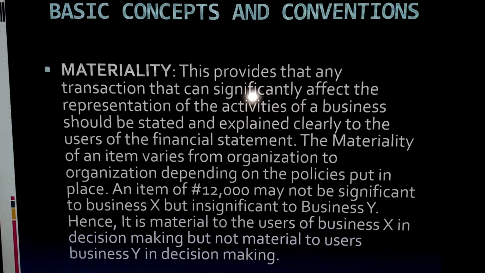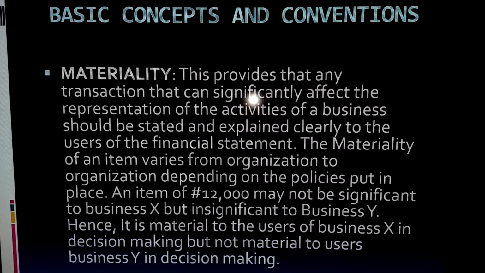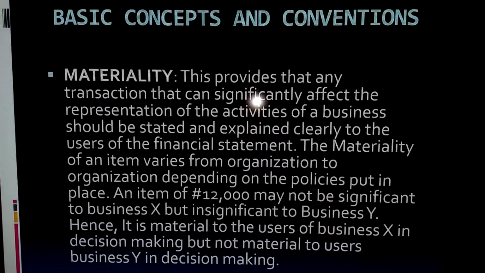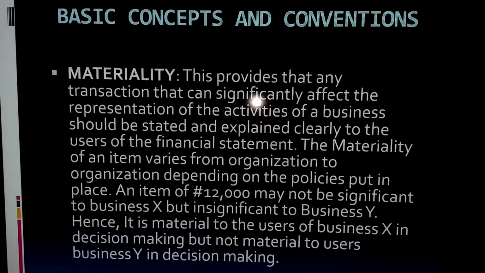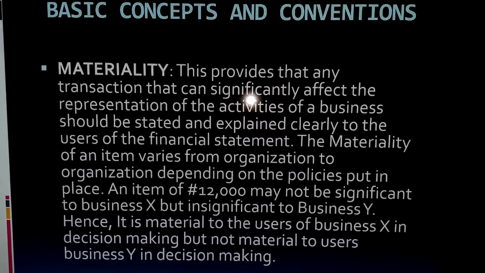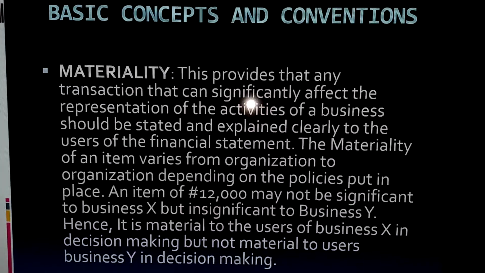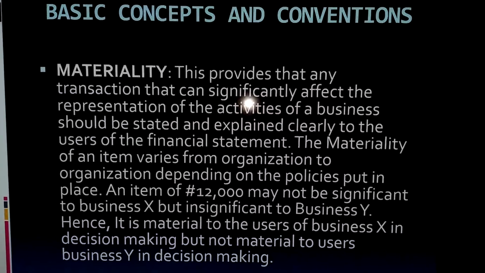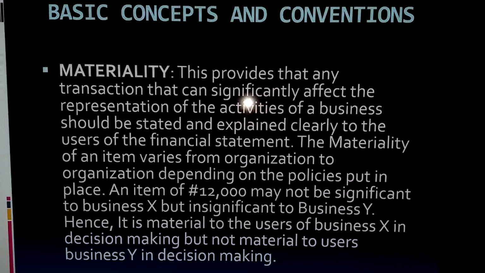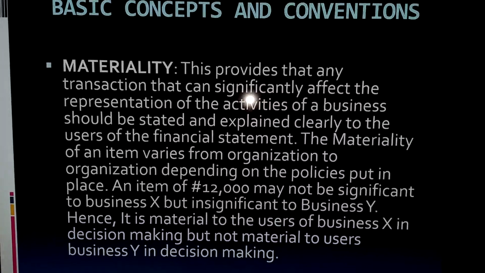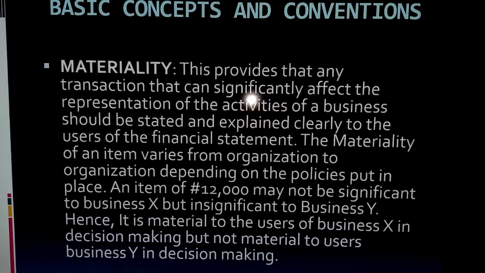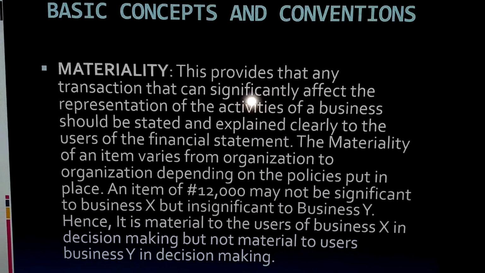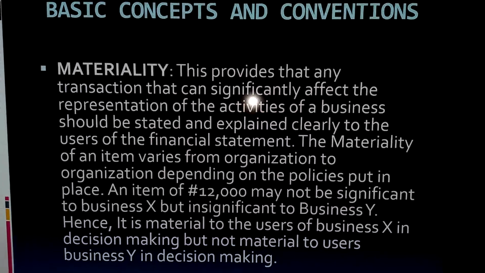But some organization will tell you that if an item is between say 10 naira and 1,000, you can write it off. Anything above that, you make sure you detail the write-off. So you can see that for some organization, an item can be significant, so if you omit it, it's not material. But for some organization, that item is insignificant.